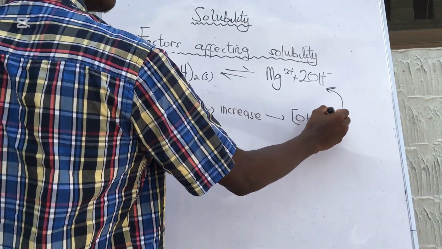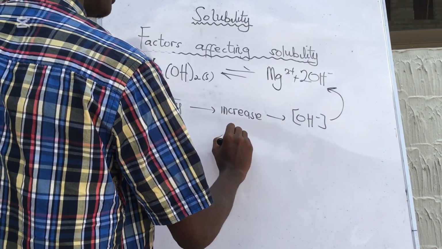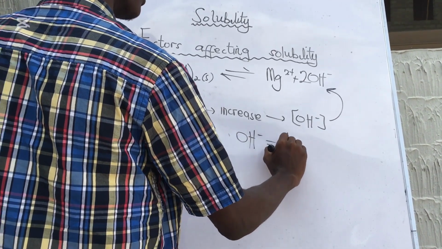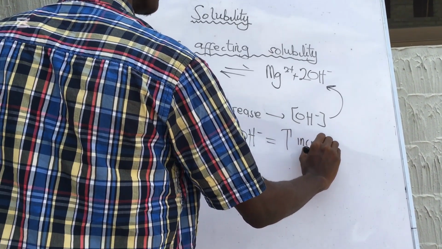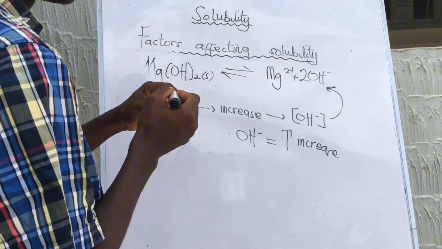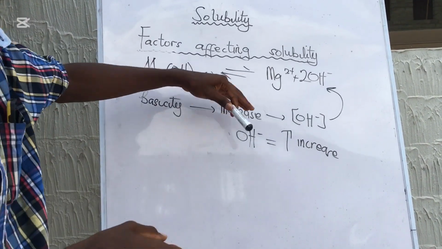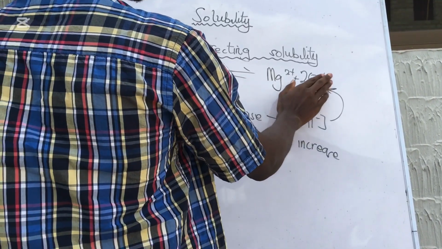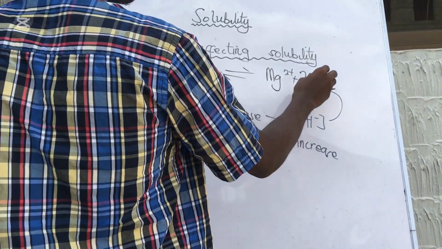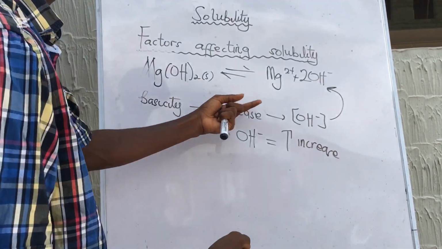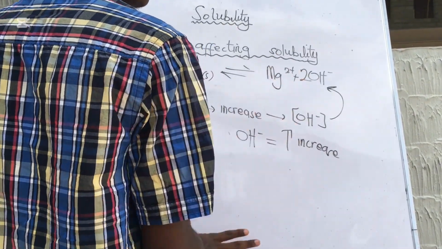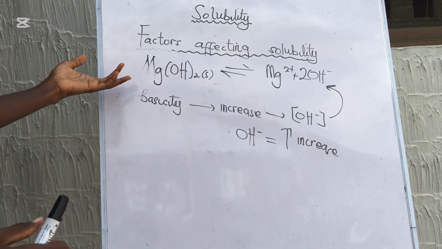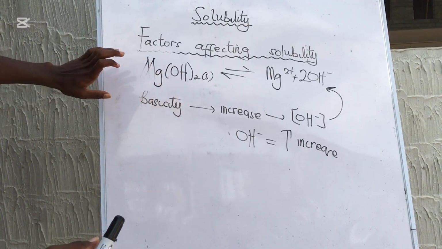Because if you add this OH minus, the concentration of the OH minus in the solution will now increase, and it will affect equilibrium. So if it is affecting equilibrium, this will be disturbed, and for this being disturbed, it means that more of this has been produced. So now some of this OH minus will be reacting with the magnesium to give you back your magnesium hydroxide salt.